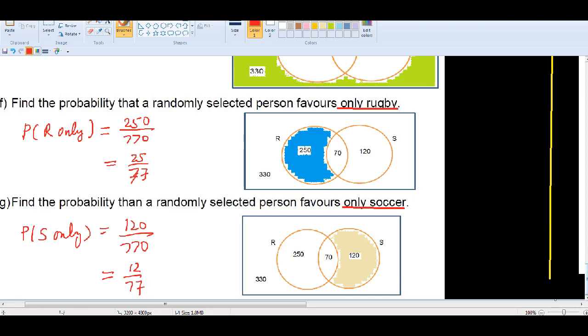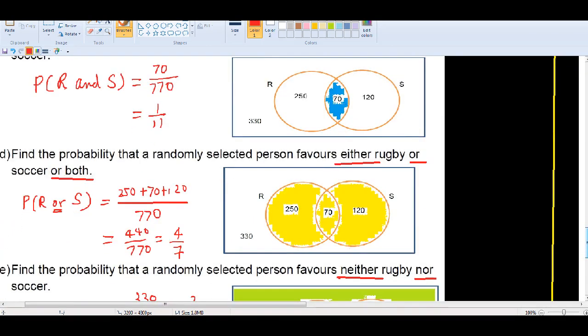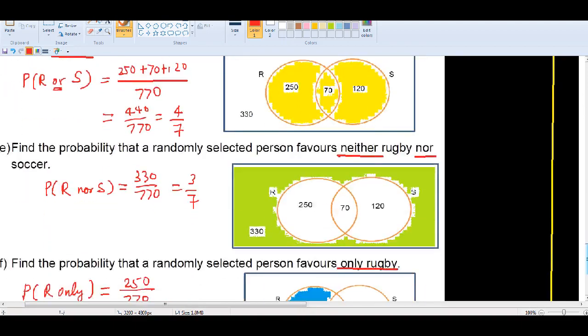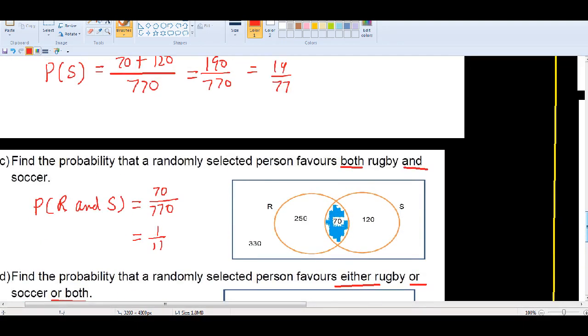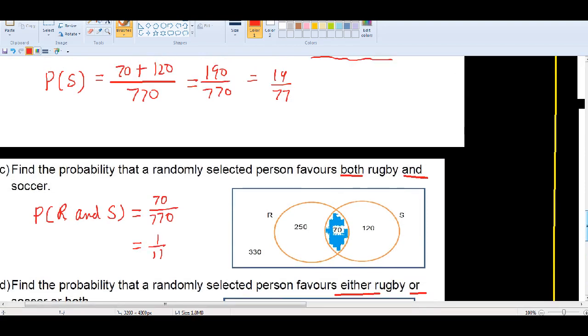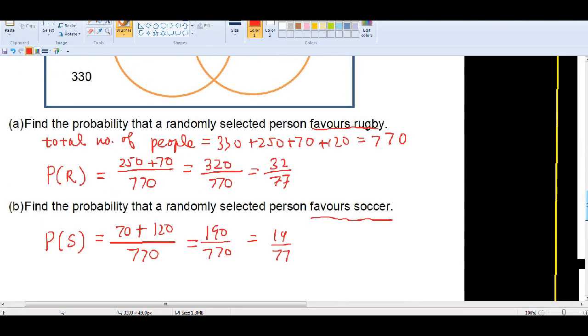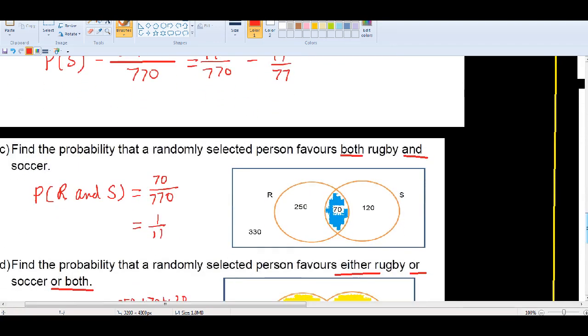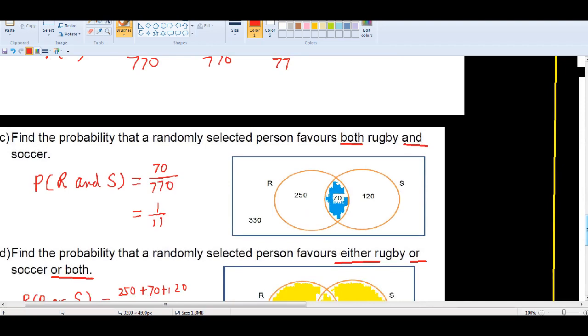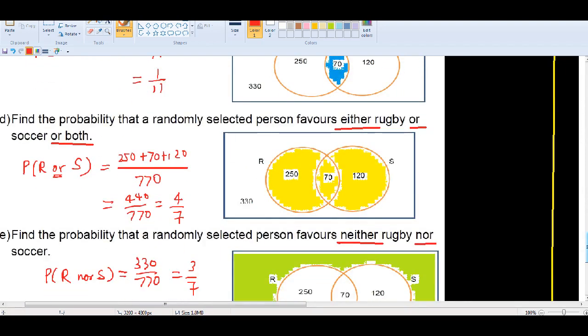Okay, so let's see, we have a different selection of parts of our Venn diagram, and you need to relate the words to the diagram. For example, when they mention both R and S, you consider the overlapping.